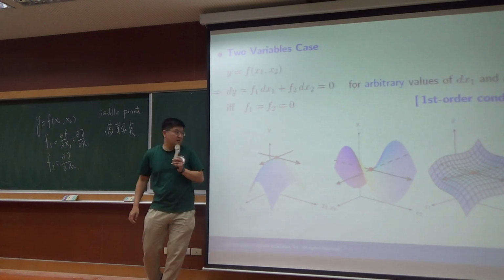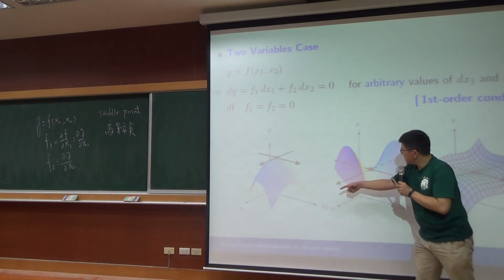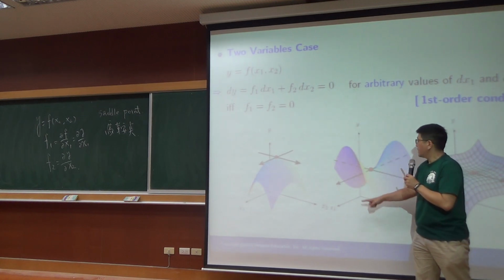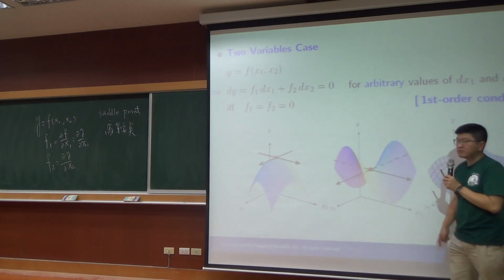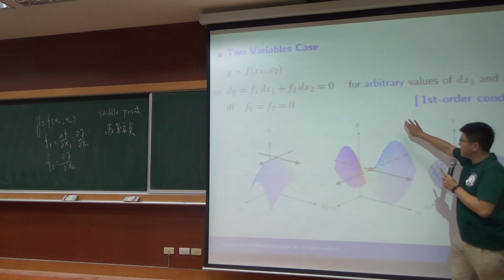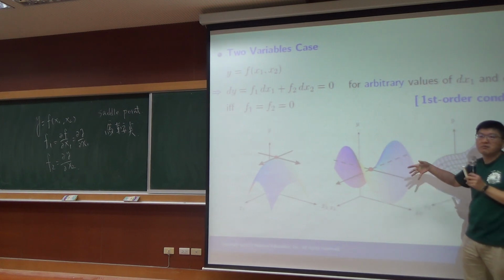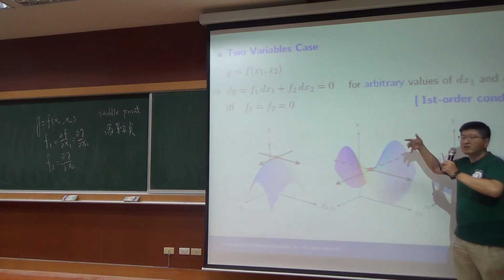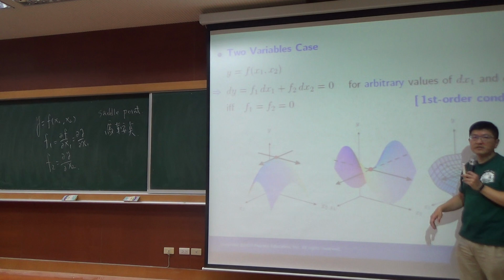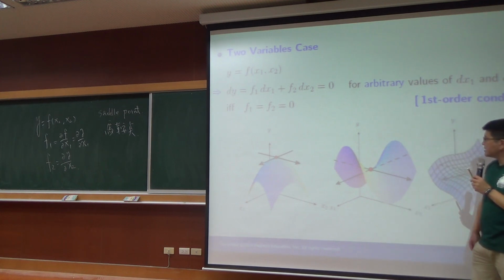So you see the saddle point. Along x1 is a minimum, and along x2 it is a maximum. Minimum and maximum. So this is just like a saddle, right? We can put the saddle on the back of the horse and ride a horse, right? For riding.